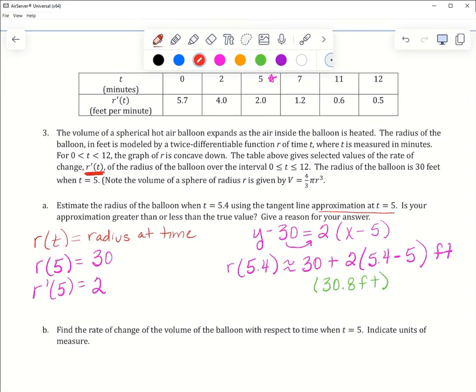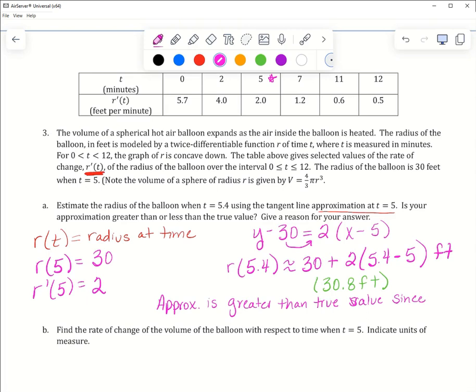That is that part. Then it says, is your approximation greater than or less than the true value? So I would say approximation is, and I'm using wording that they did, greater than true value, since why? What does a tangent line approximation have to do with?